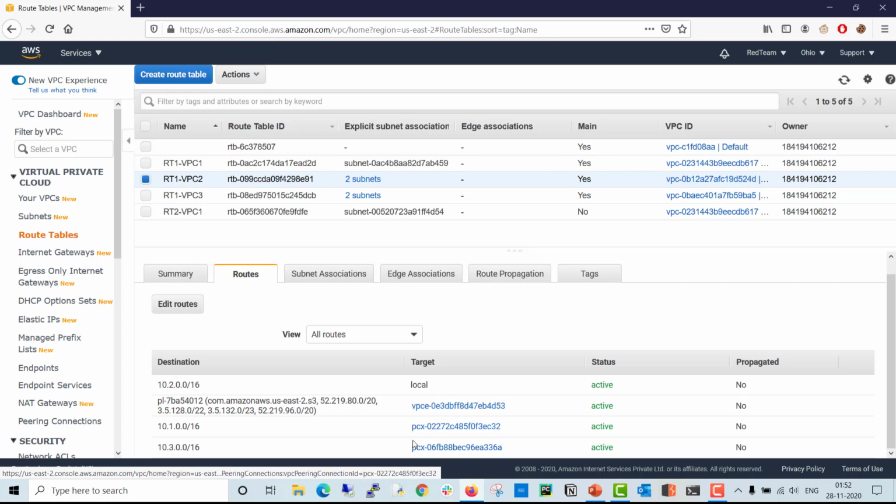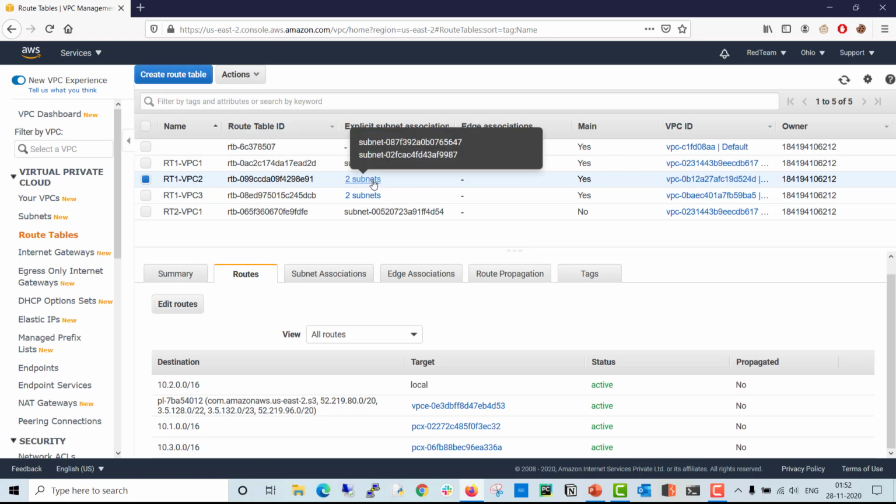There are two more things here: PCX, that means VPC peering. That means any instance within these two subnets can access VPC1 as well as VPC3. So VPC2 has peering with VPC1 as well as VPC3.